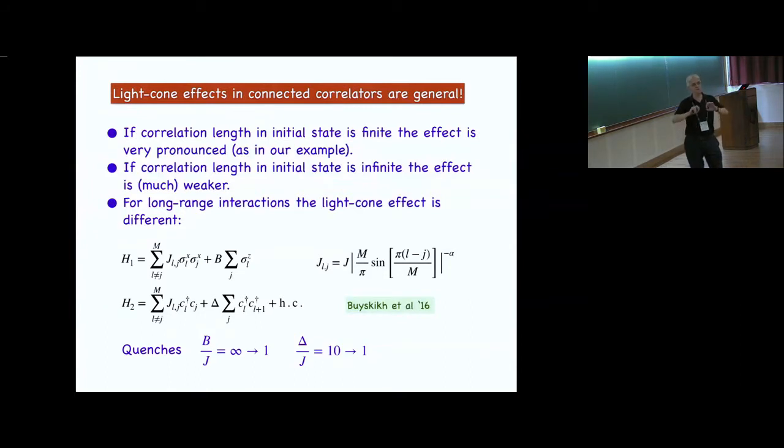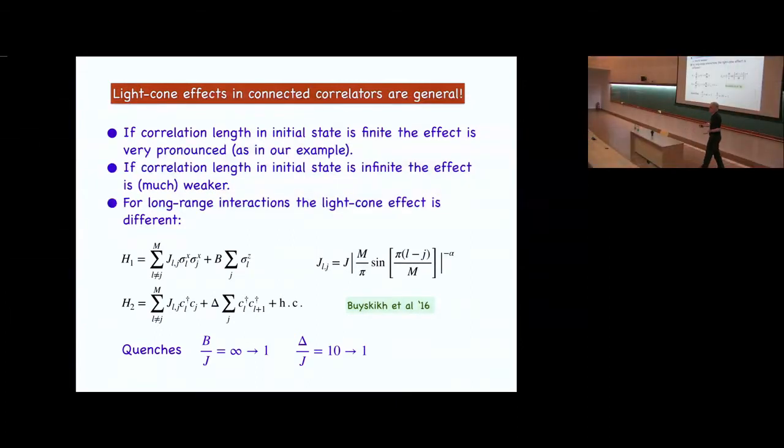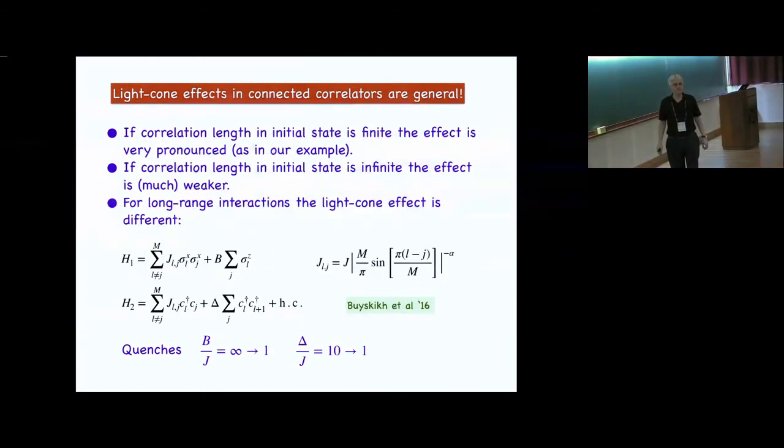Okay, so if I were to start in an initial state, which I can do, where correlation functions decay as a power law, in some critical theory, or in the ground state of some critical BCS Hamiltonian, if the correlation length was infinite, in other words, and I would have power law decay of correlation functions, there still would be a light cone effect, but it would be much weaker. Wouldn't be as apparent.